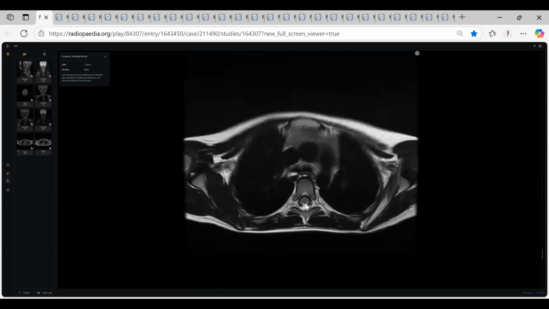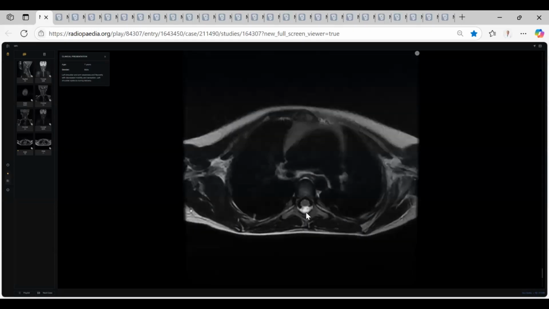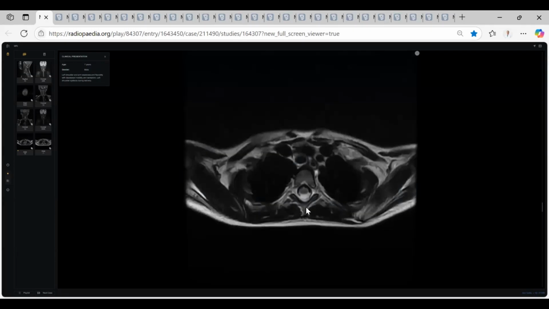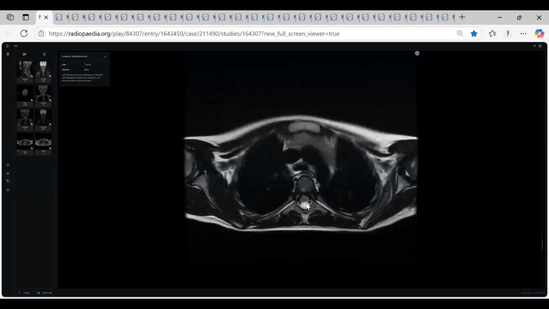I can see an extradural hyperintensity extending from the upper thoracic. Where is it, doctor? This one. And what else?